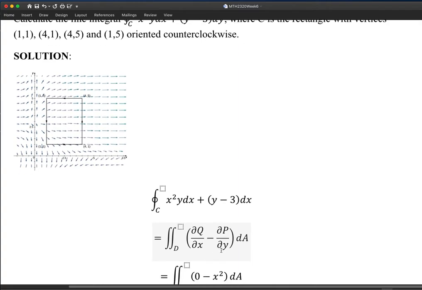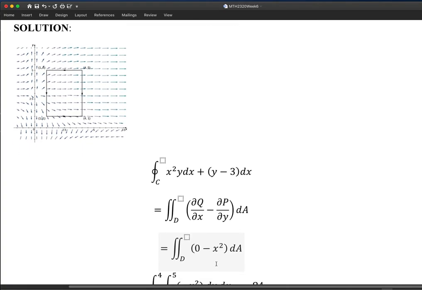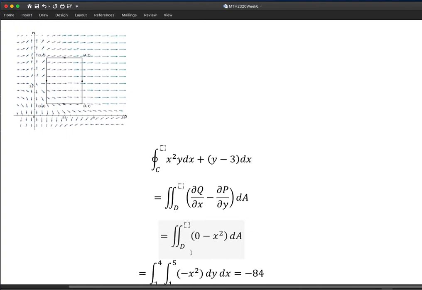Let's do the actual calculation. It is 0 minus x squared. So we are looking at the double integral of negative x squared over the region. This is a rectangular region. You can consider it type 1 or type 2, either way.